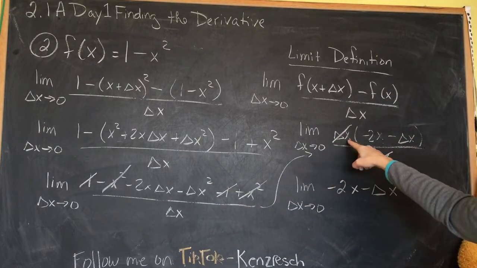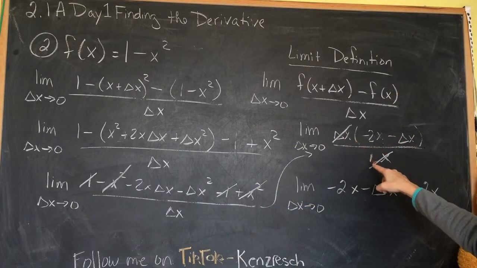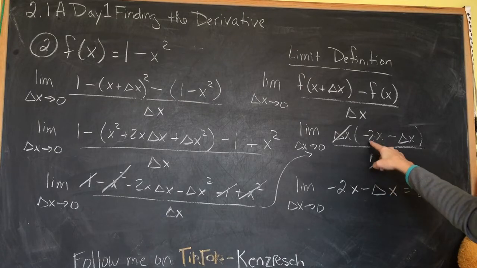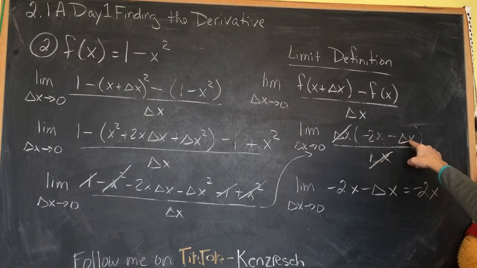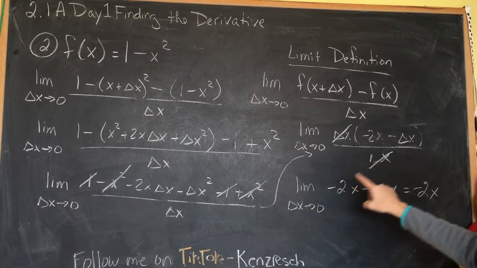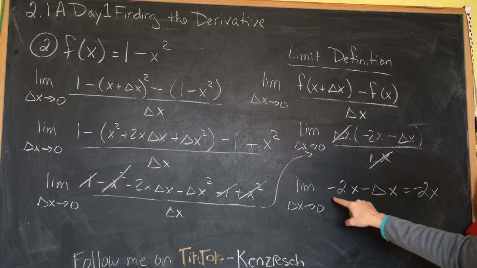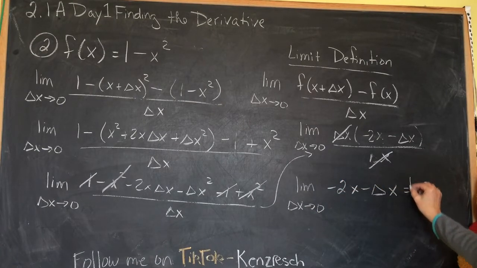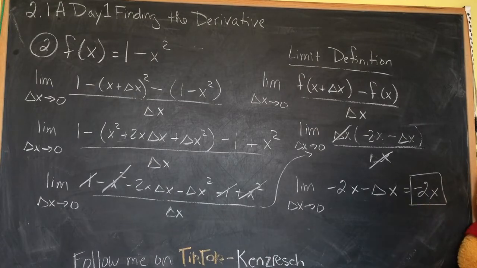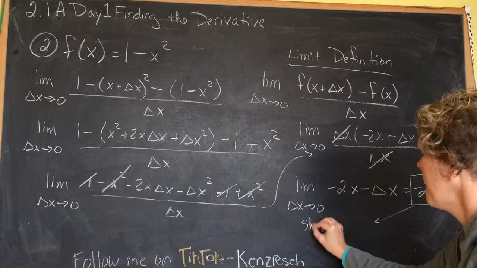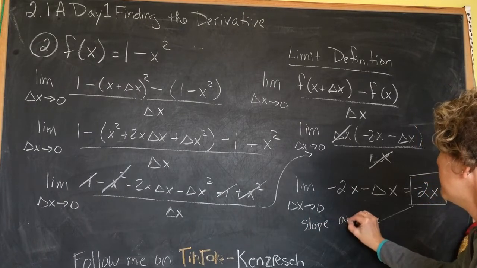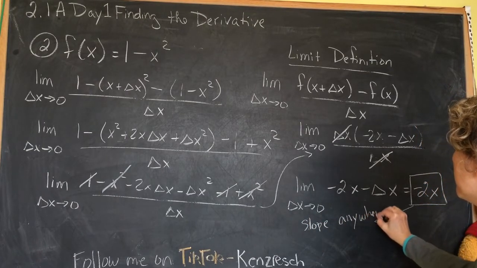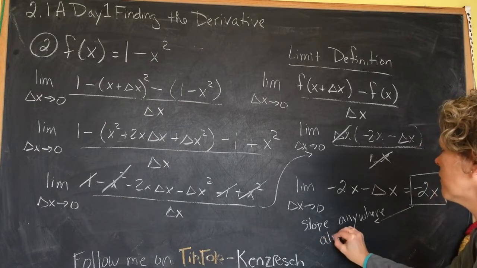I could factor out a delta x. That cancels with the delta x on the bottom, leaving me with just this negative 2x minus delta x. Now I can put 0 in for delta x, leaving me with a negative 2x. This is my derivative. Okay, this is the slope anywhere along the curve.